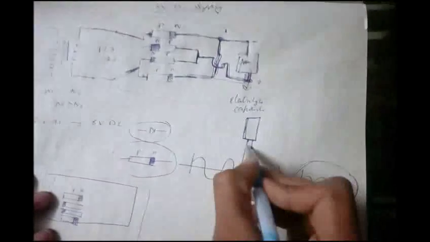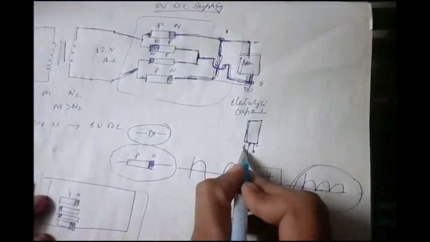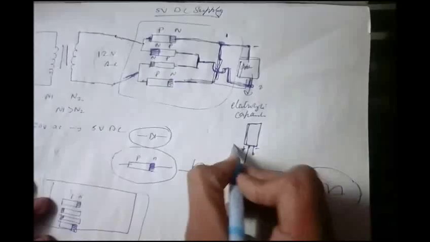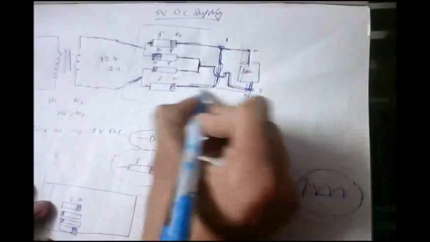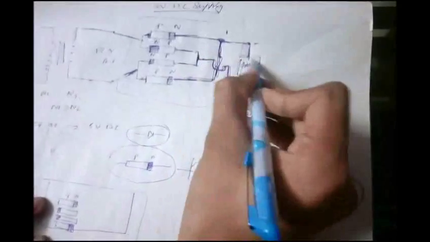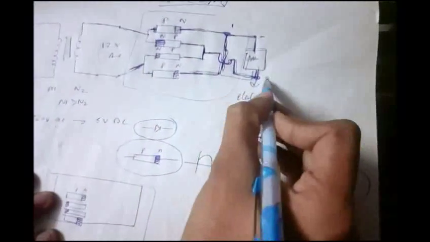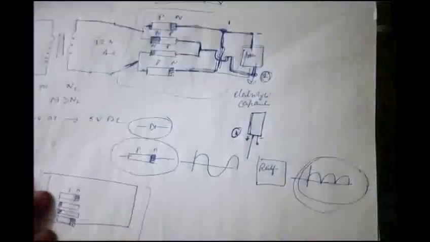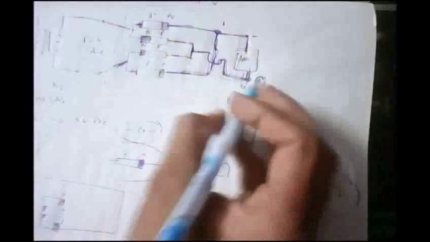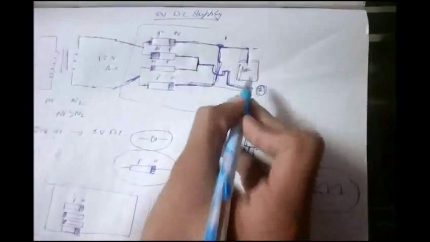Connect the positive part with the first end, and the other end with the negative end of the capacitor, at point 2. You have made all the connections like this one.